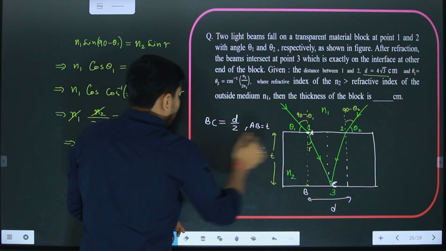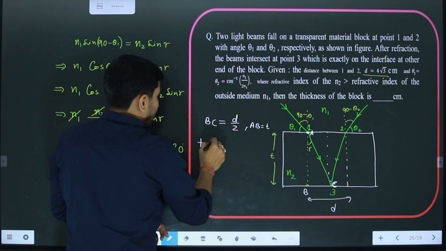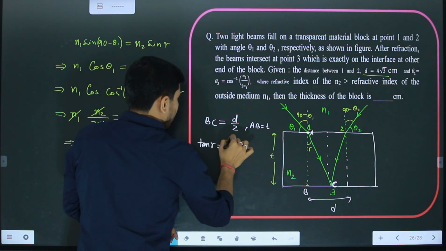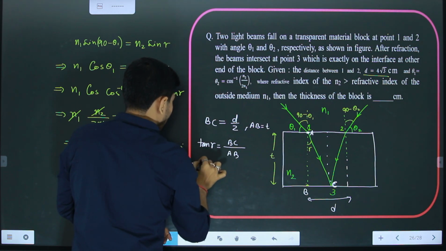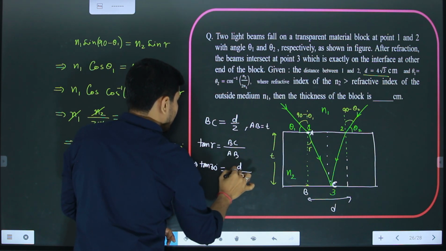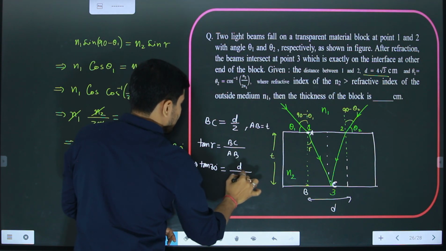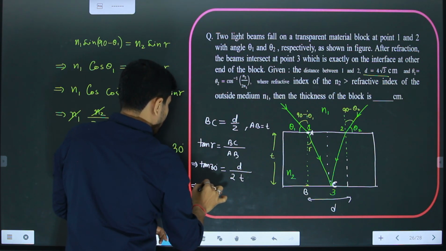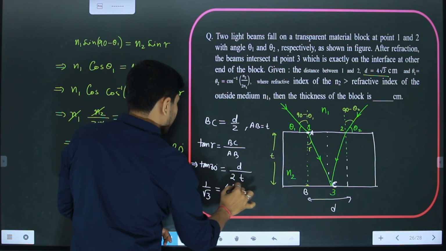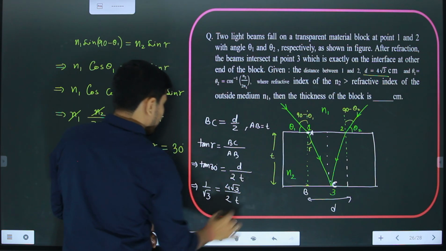So we will apply the tan ratio. Tan of the angle is equal to BC divided by AB. This is equal to tan of 30 degrees, which is d by 2 multiplied by AB, where AB is t. So this is 1 by square root of 3 equal to 4 square root of 3 over 2 multiplied by t.